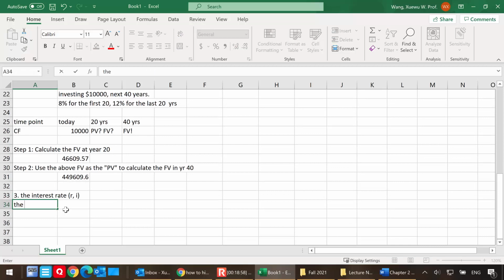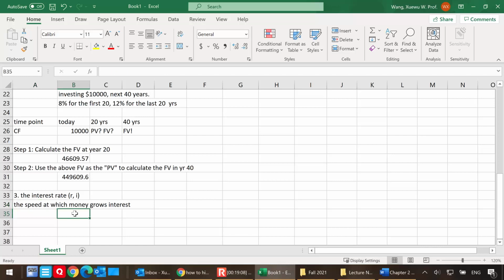This is the speed at which money grows interest. There are so many different kinds of interest rates in the financial market. If you take financial markets and institutions in the future, you will have a more detailed look at all the different kinds of interest rates.